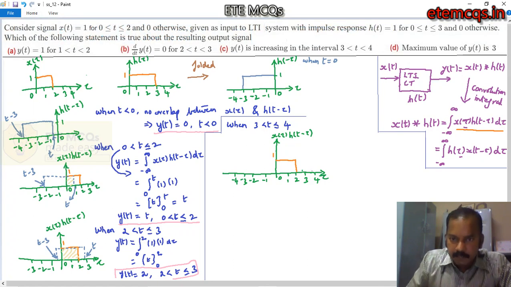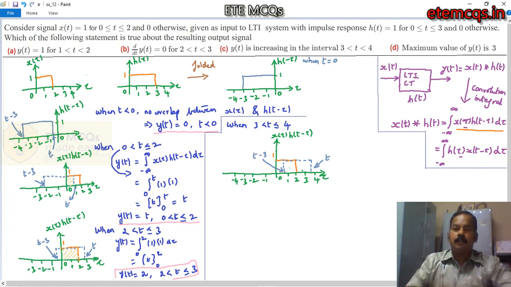Let me take t close to 4, somewhere closer to 4 but less than 4. This is how the signal will be. Now this part refers to your t, and this part is t minus 3.